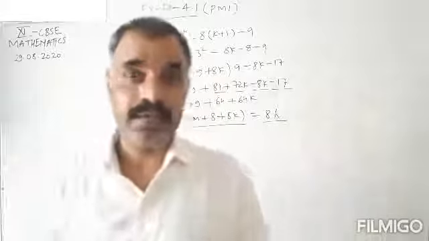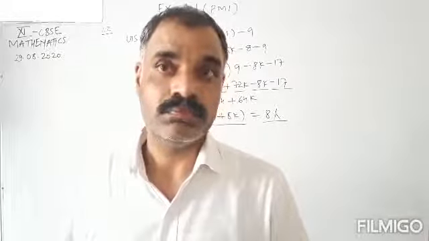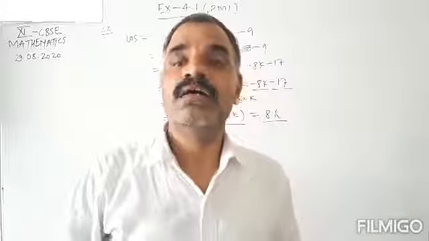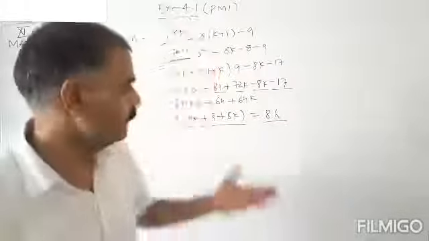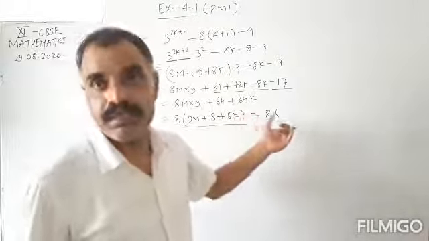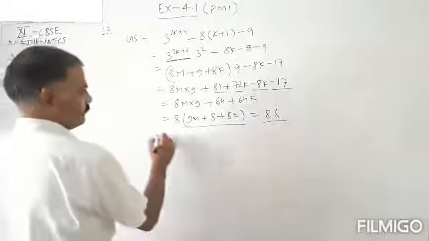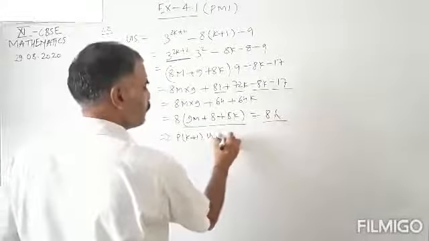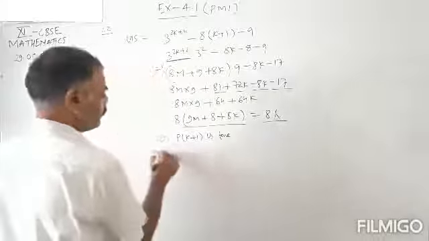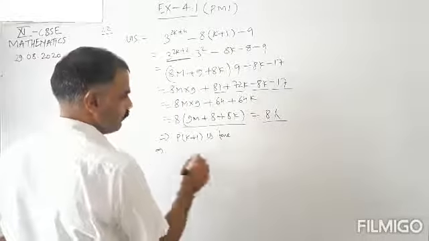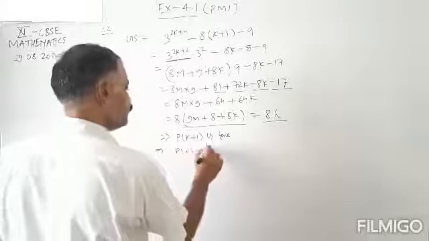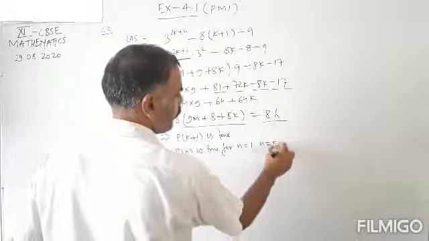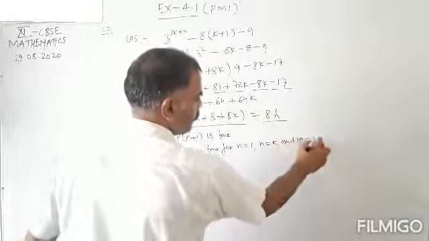So what we have shown is that the left hand side of the induction is a multiple of, or divisible by, 8. This implies that P(k plus 1) is true. Hence, Pn is true for n equals 1, n equals k, and n equals k plus 1.